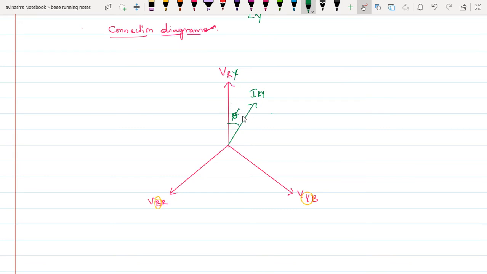In the same way, draw the corresponding current for the YB phase, IYB or IBY, anything will be the same.